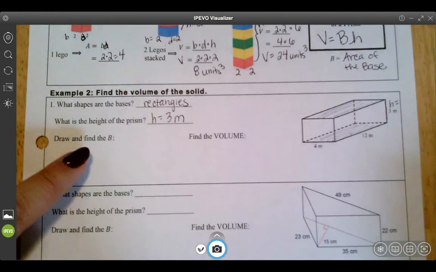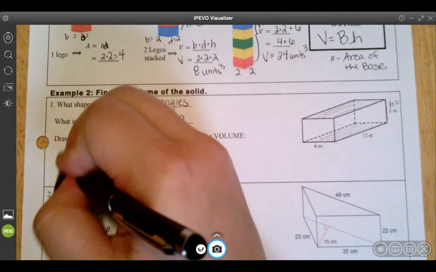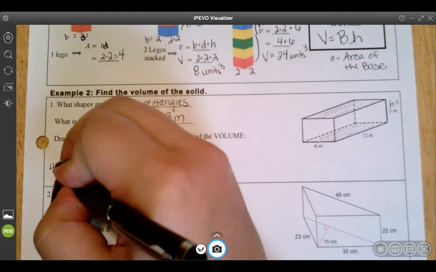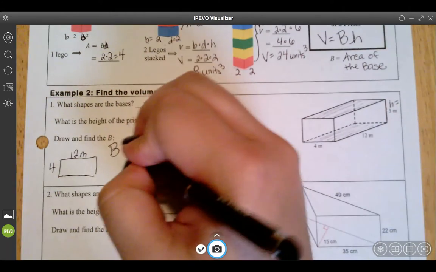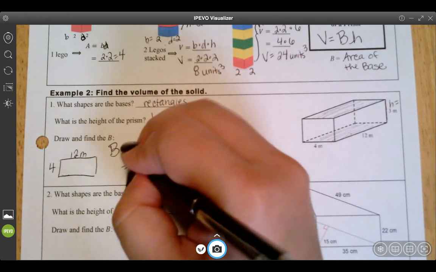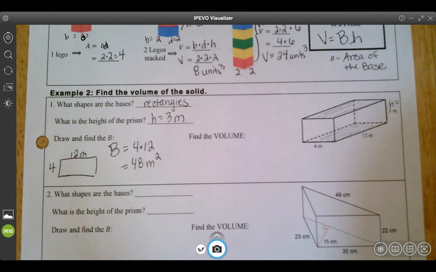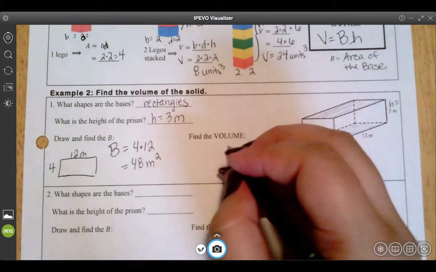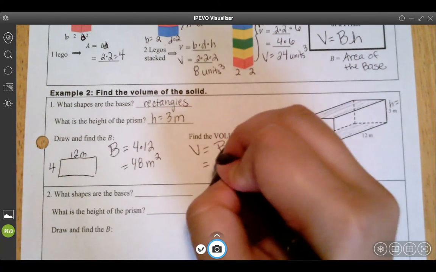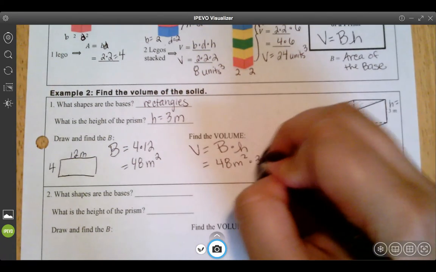So now I want to find the area of the base. So we're going to draw this rectangle back out. It is a 4 by 12 meter rectangle. So capital B, area of the base, 4 times 12 equals 48 square meters. This is an area, so that's squared. To find the volume, I'm going to take that base and multiply it by the height. So that's 48 square meters times our height, which is 3 meters.